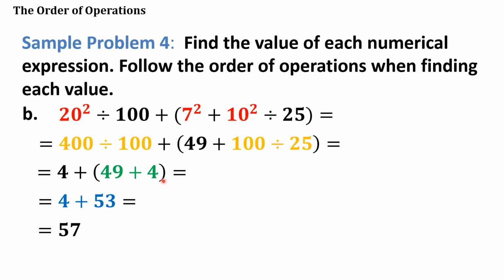And then we solve everything that was inside that parentheses. Outside the parentheses, we solved first with our exponent. Then we did our division. And once I have everything that was inside and outside that parenthesis solved, now I can solve for what was left. If your answer was 57, then you did an amazing job. Congratulations.